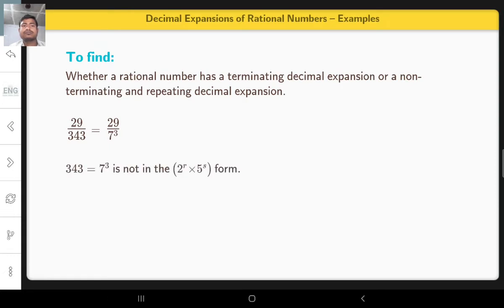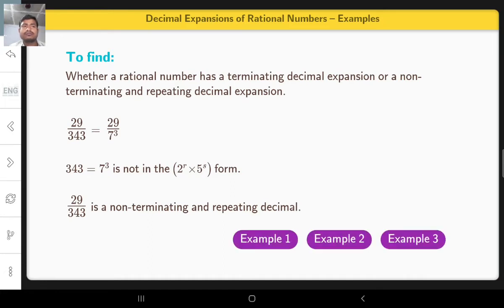Also, 343, which is equal to 7 to the power 3, is not in the 2 to the power r into 5 to the power s form. So, 29 by 343 is a non-terminating and repeating decimal.